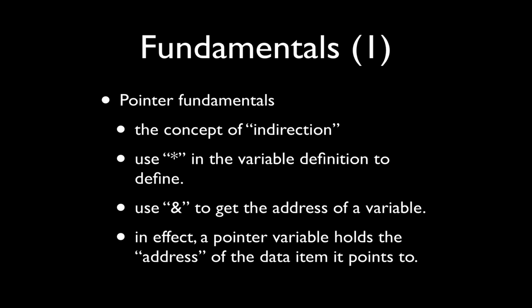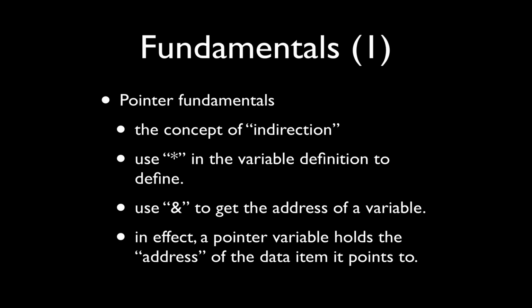Instead of contacting Apple directly and making your purchase, you're likely going to contact your company's purchasing department, and the people that work there, in turn, will contact Apple and make the purchase for you. So you're not contacting the vendor directly. Instead, you're working via the purchasing department. Pointers in C work according to this same principle.